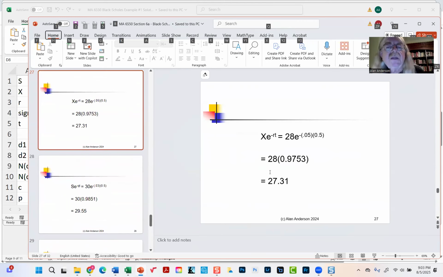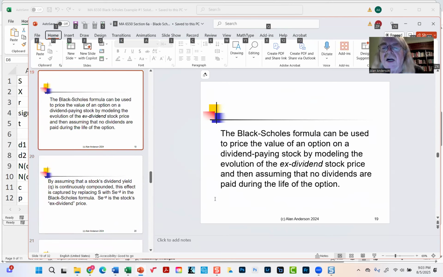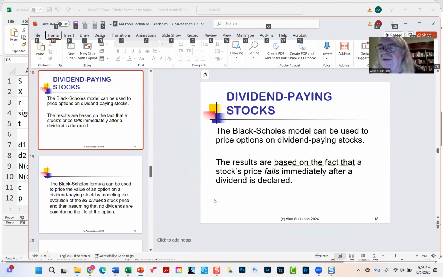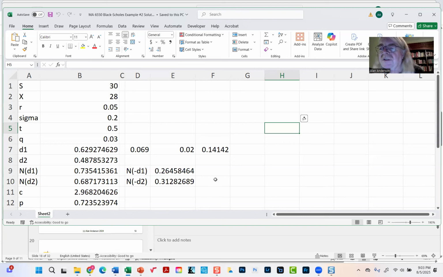And then in part B, which I actually had to break up into three parts, I'll quickly introduce you to a set of measures called the Greeks, of which delta is one. They're all measures of how sensitive an option's price is to different factors. Okay, so that's what we'll do next time.